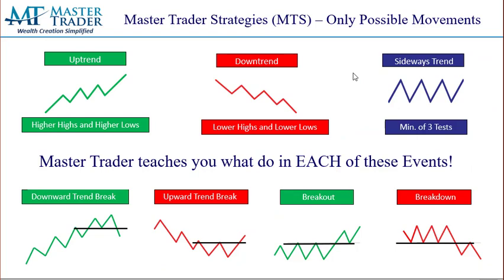Even that looks great. But for stocks and sectors and anything you want to trade, this is what we teach: these are the only possible movements that a stock can make. Uptrend, downtrend, sideways trends, and then we have what we call the transitional phases that look like this, which are the transitions from these three.